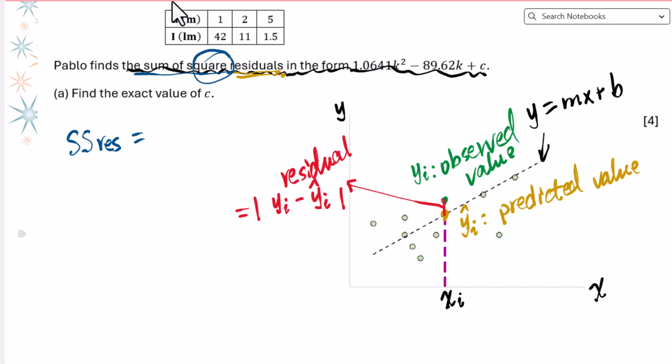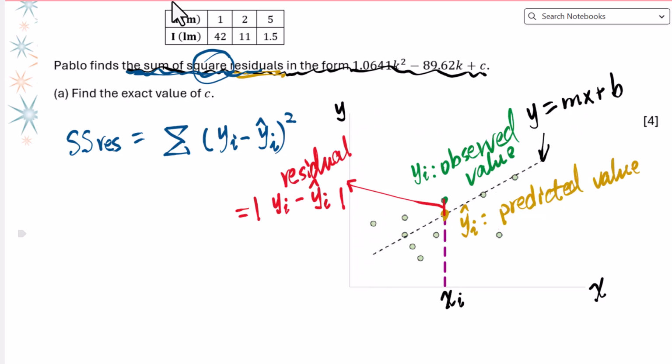Sum, we will use a summation symbol. Square residuals, so we will square these residuals, which means yi minus y hat i squared. This formula is not given in the IB formula booklet.